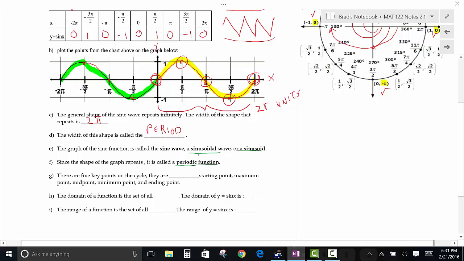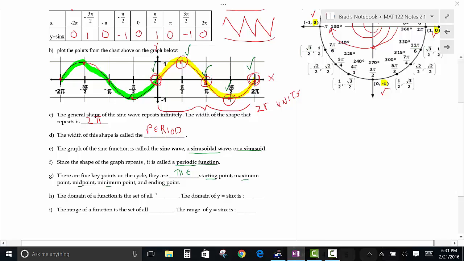There are 5 key points in the cycle: the starting point, max point, midpoint, minimum, and ending point, like that. That's 1, 2, 3, 4, 5 key points, and it's going to repeat over and over again.